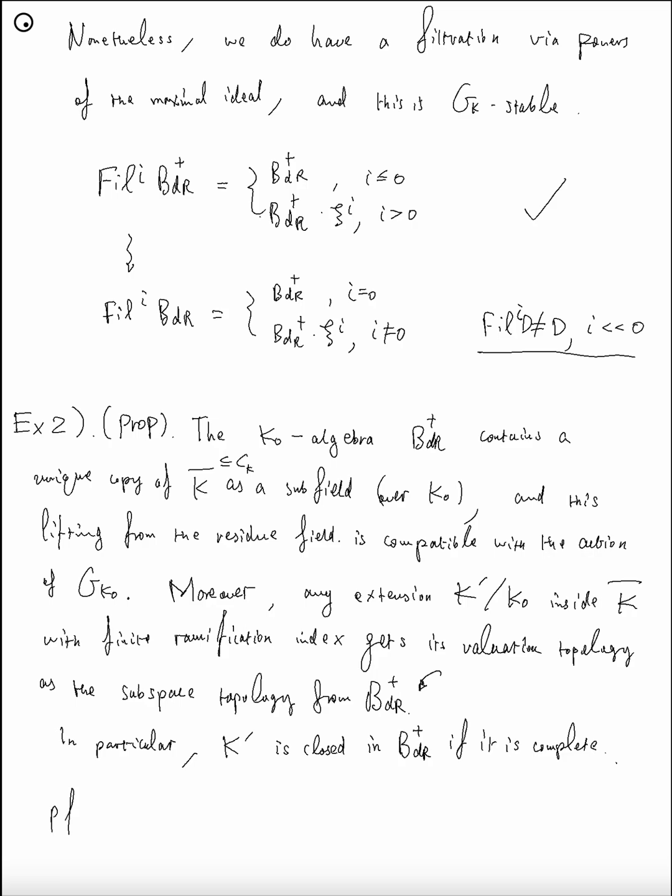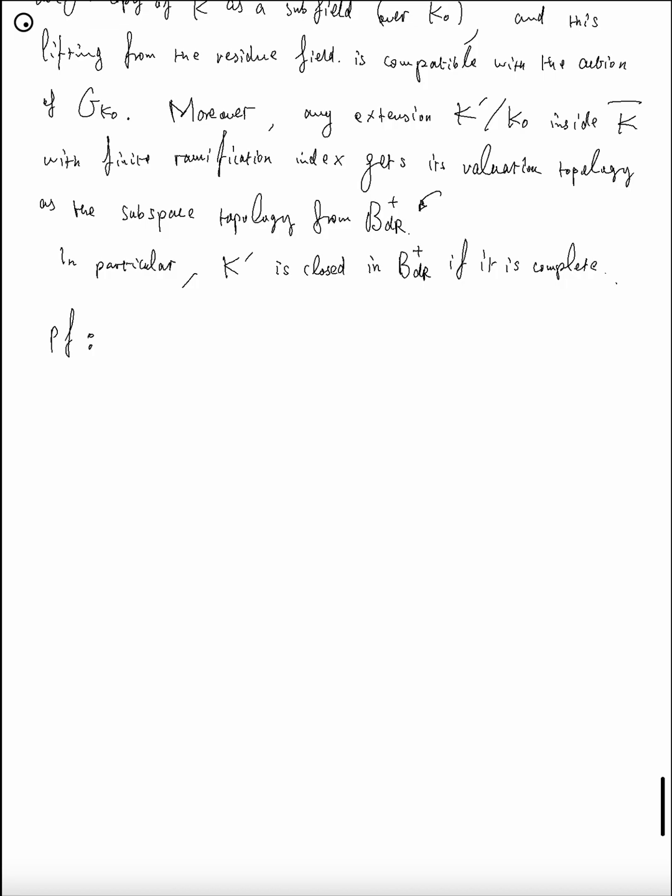Let's give a sketch of the proof. So B_dR^+ is a complete discrete valuation ring over K0.